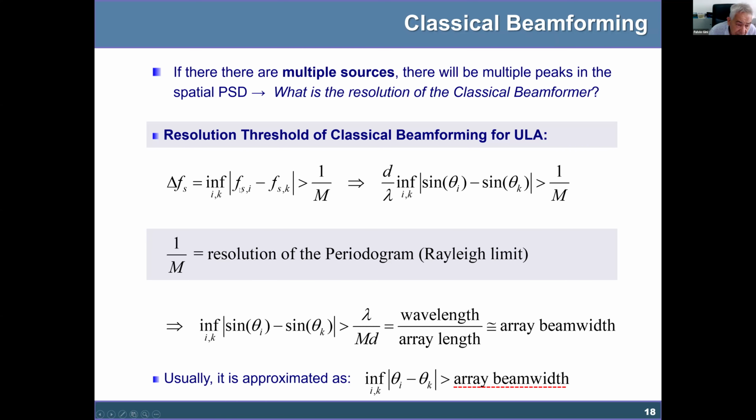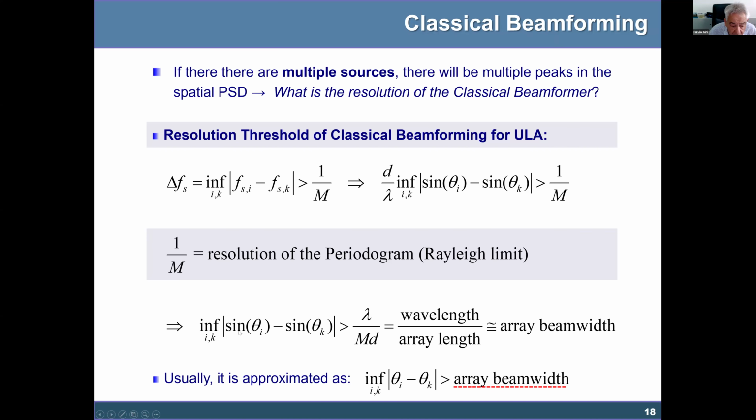Now, if you remember the expression of the spatial frequency, it is d over lambda sine of the direction of arrival. So if you make the replacement, you get this other relationship. You bring d over lambda outside, so you get d over lambda that multiplies the minimum of the modulus of the difference of the sines, and this should be greater than 1 over M. Now, if you bring d over lambda to the right-hand side, the relationship becomes the following.